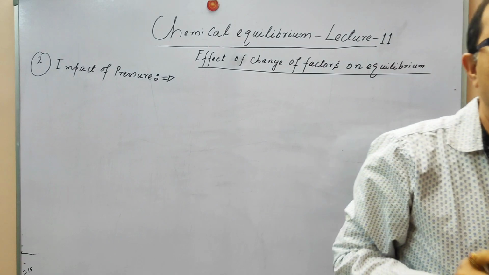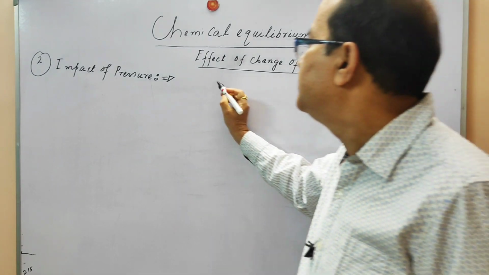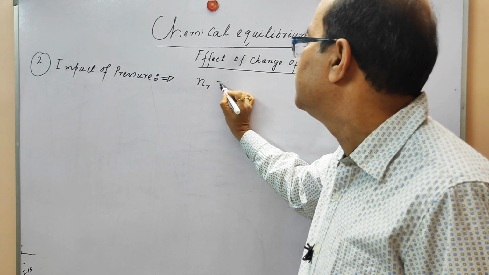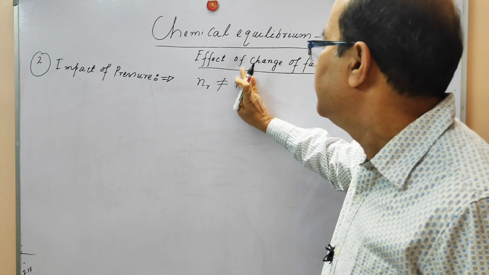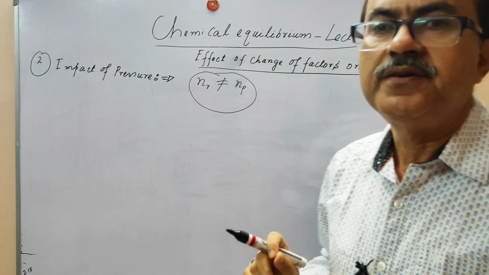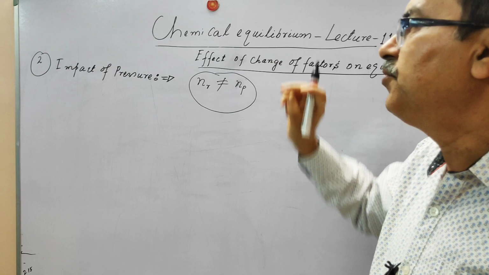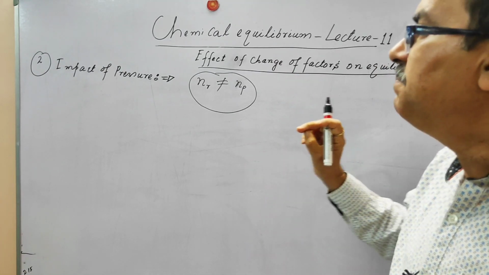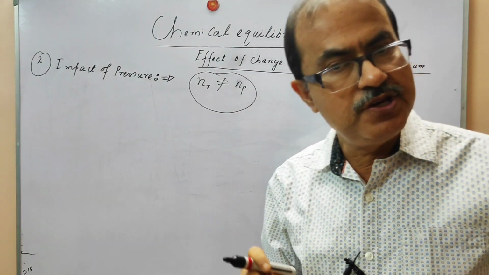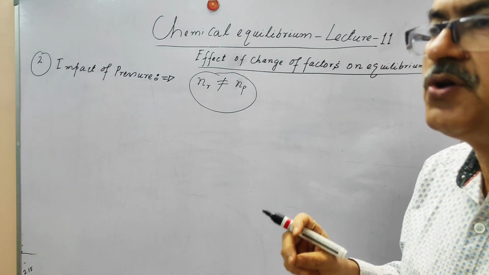The impact of pressure on the equilibrium can only be observed for gaseous reactions, and not all gaseous reactions, only where there is a difference in the total moles. The moles of reactants is not equal to the moles of product. In that case, you will find the impact of the change of pressure on the equilibrium composition. In a heterogeneous reaction there is no such impact, because pressure doesn't have any impact on the volume of a liquid or a solid.